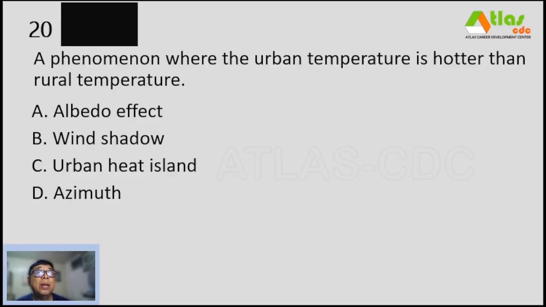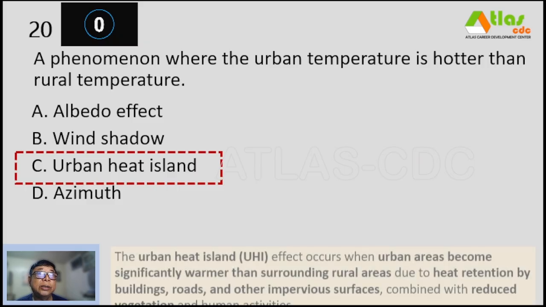Number 20. A phenomenon where the urban temperature is hotter than rural temperature. A. Albedo effect. B. Wind shadow. C. Urban heat island. And D. Azimuth. And our correct answer is letter C, urban heat island.